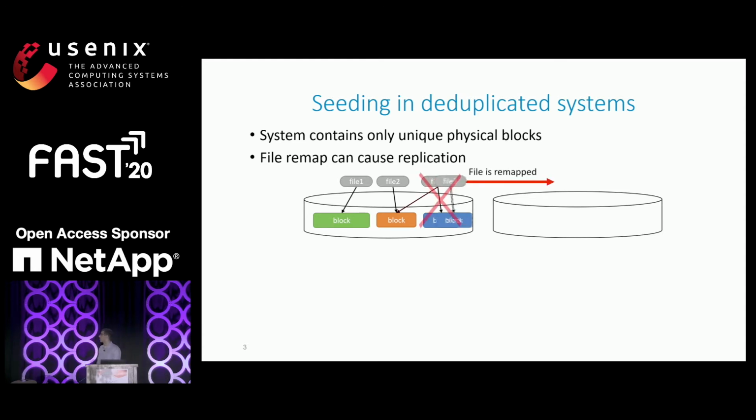Thus, if we remap a file to our destination volume, we cannot necessarily move all of the file's associated blocks, because some of them may still be needed in the original volume. So in order to solve this, we replicate the data block and save it on both volumes.